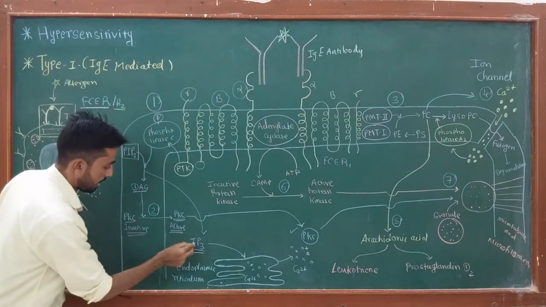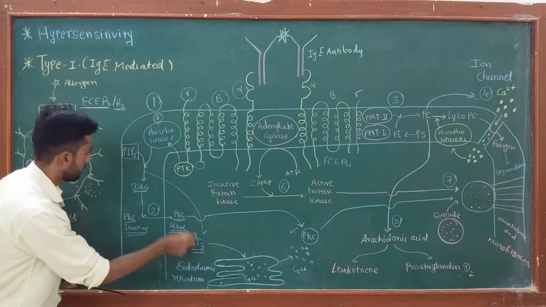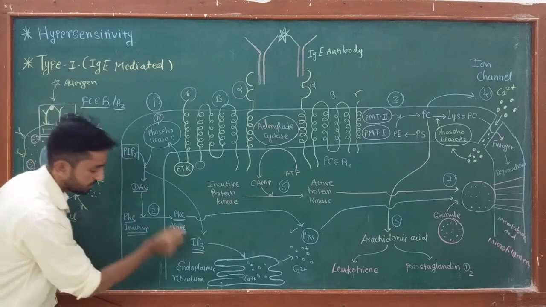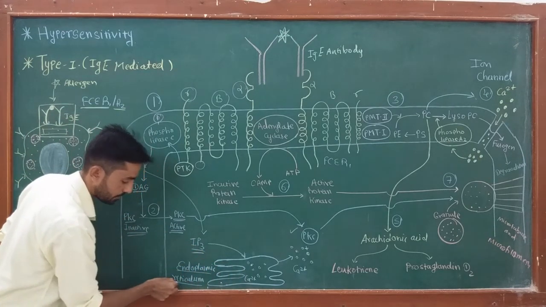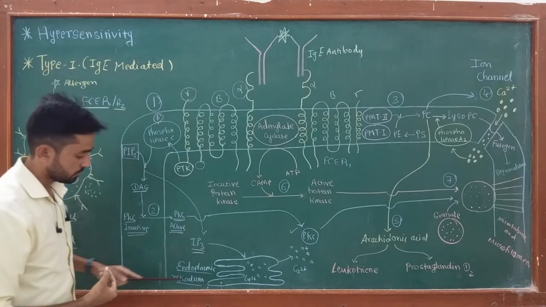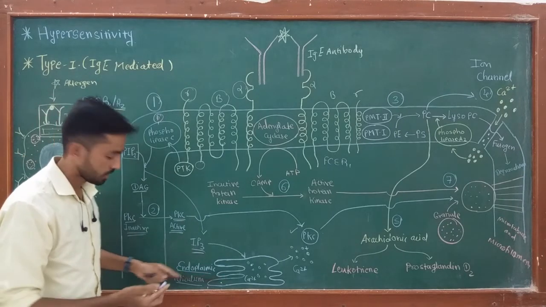Now the IP3, or inositol 1,4,5 triphosphate, which is produced from PIP2, is going to act on the endoplasmic reticulum, the organelle which is present in the eukaryotic cell, either mast cell or basophil.